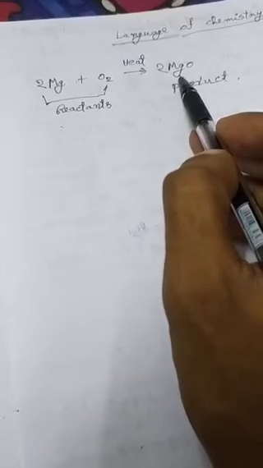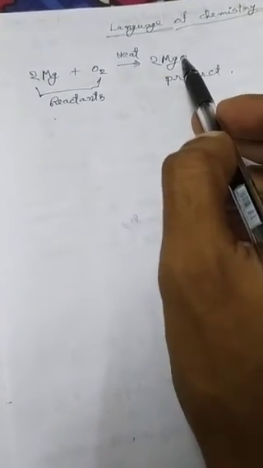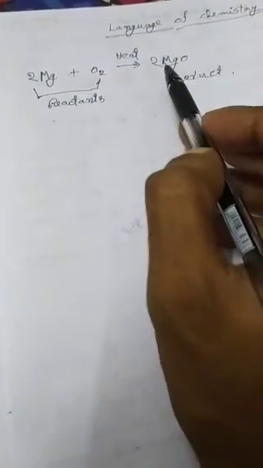A chemical reaction in which two or more reactants combine with each other and form a new substance or new product is called a combination reaction.